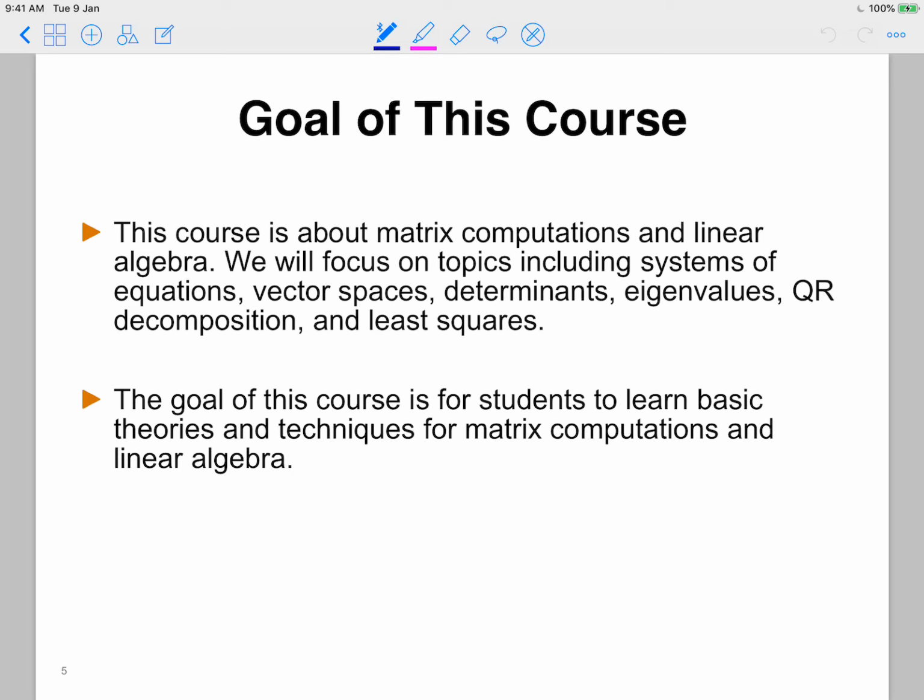Mainly what we will learn in this class is linear algebra at an undergrad level. So this is basically a math course, okay? But along with probability and statistics, linear algebra is really the key fundamental technique for many interesting applications and higher level disciplines. For example, if you are interested in machine learning or artificial intelligence, this is one of the key courses you have to get familiar with.